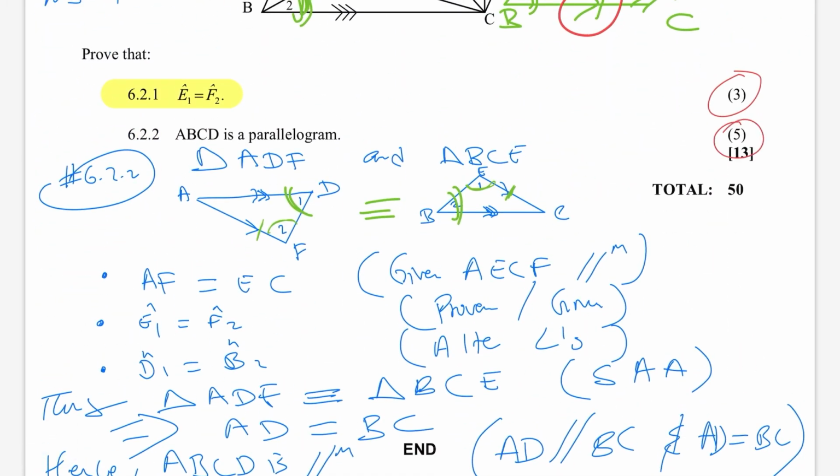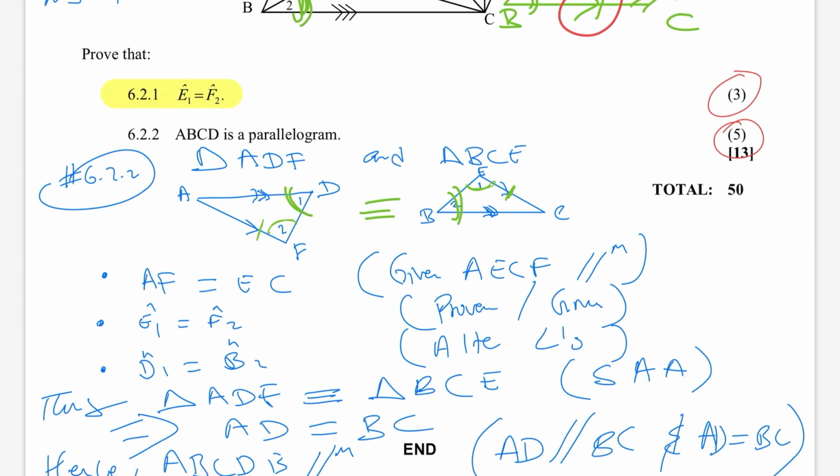Please let me know if you don't understand this. It's very important. Just type your question, something that you don't understand, in the comments. I'm happy to go back and show you how we got here and redo this question because it's very important. It's going to come in your exam. So if you understand this question, you're definitely ready for your exams. So 5 marks.